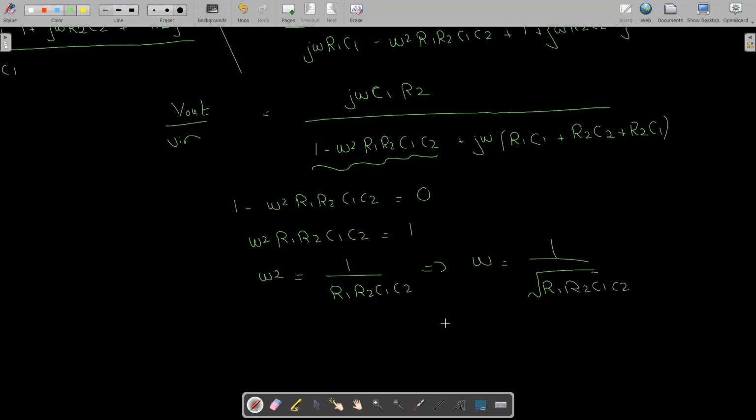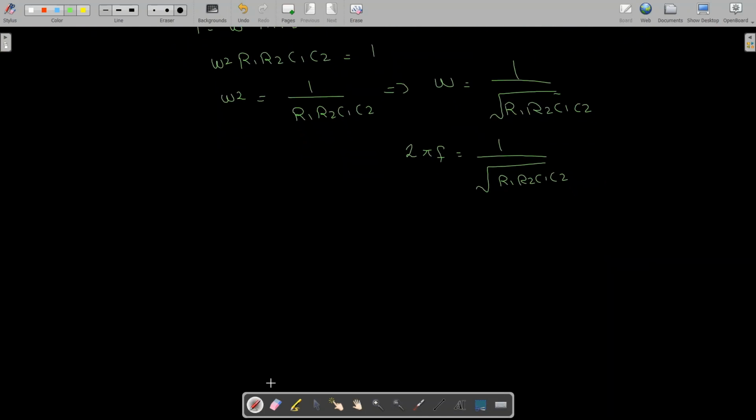And omega is 2 pi f, so the resonant frequency for this circuit is f equal to 1 divided by 2 pi under root R1 R2 C1 C2. Let me name it as equation 1.